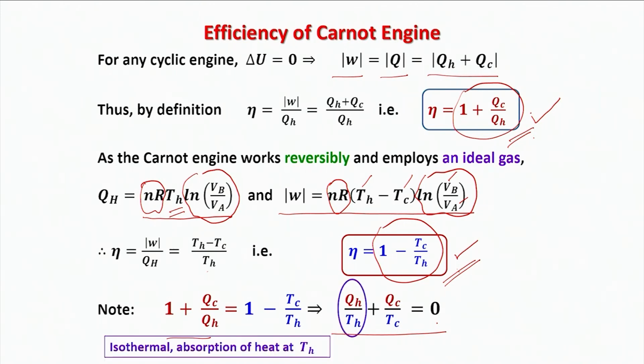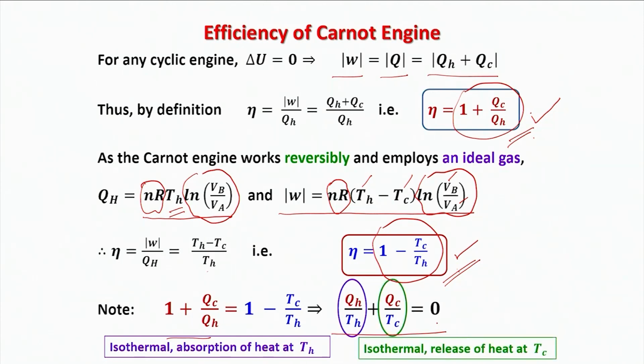So what is the first term? The first term talks about a ratio of isothermal heat absorption to the event of isothermal absorption of heat at temperature TH. So the quantity that we are calculating is QH, that is the amount of heat absorbed at that temperature TH divided by TH.